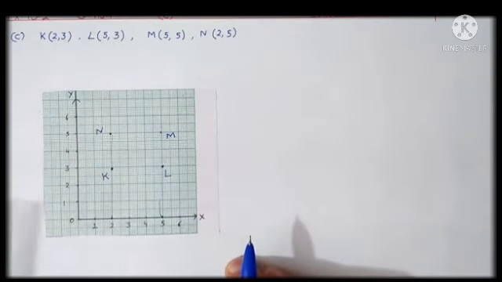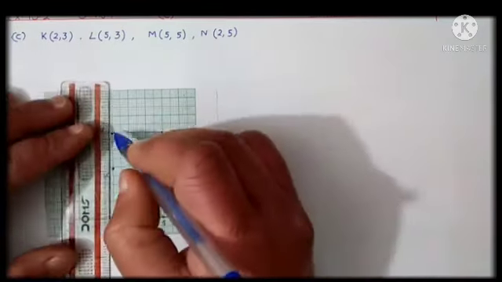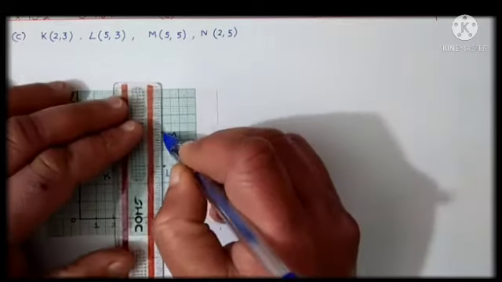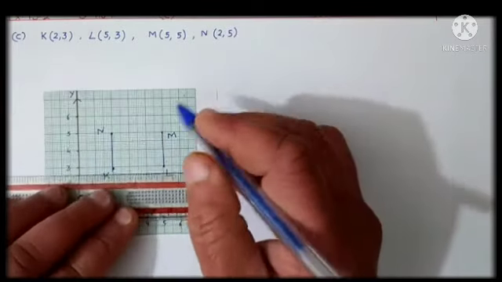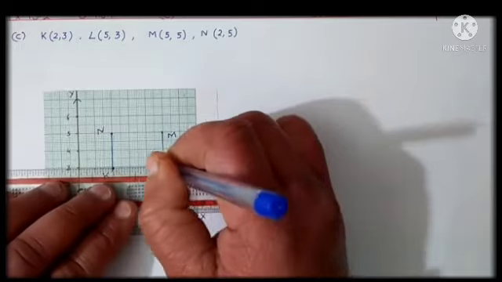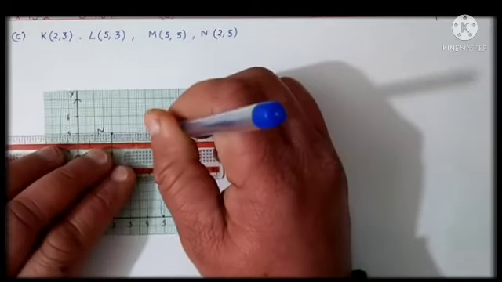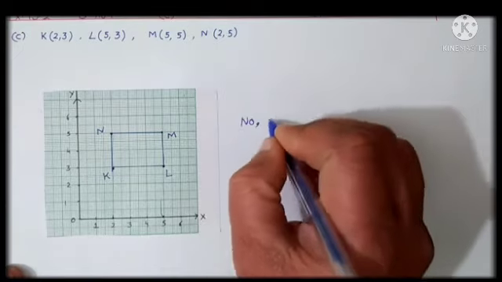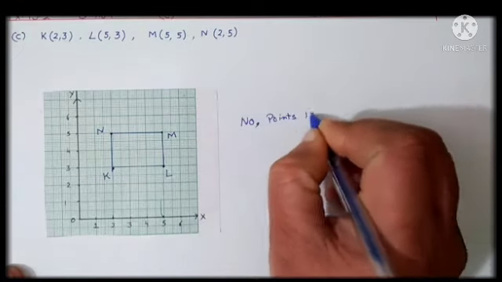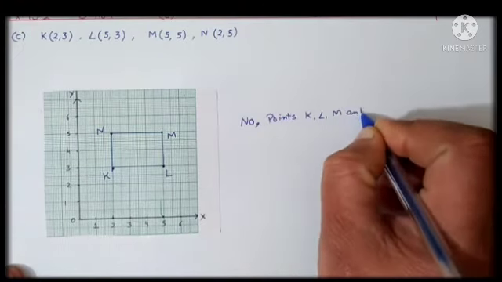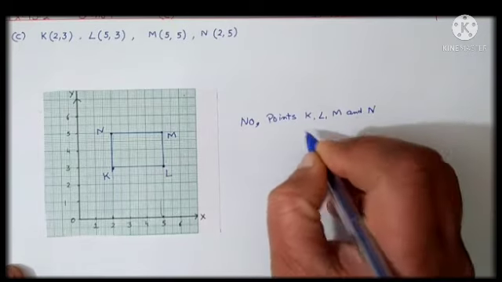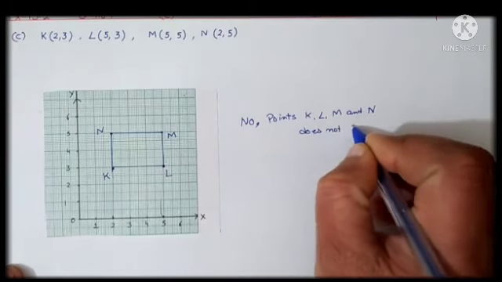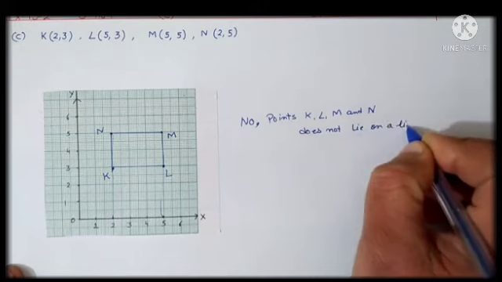You will see that these 4 points when joined with each other will form a rectangle. So in this question it was asked whether they lie on a line or not. So you can write no, points K, L, M, N do not lie on a line.